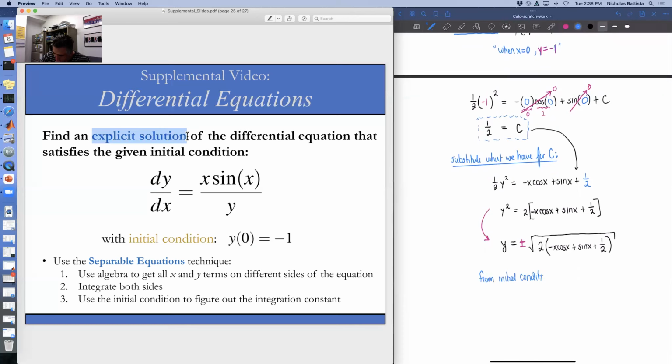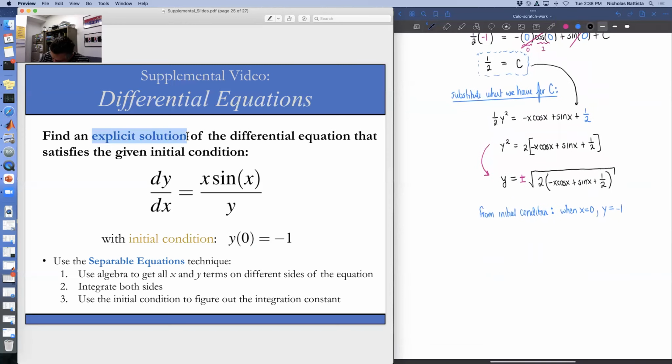And the reason we're doing that is it'll help us determine whether we need the plus sign or the minus sign in front of that square root. So from the initial condition, when x equals 0, y equals minus 1.